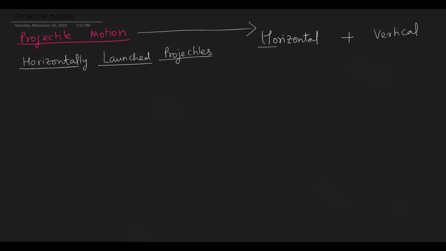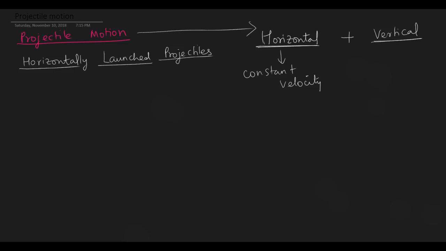So if you look horizontally, what the projectile is doing is simply moving at a constant velocity. Because there is no force in the horizontal direction, there is no acceleration, so the velocity stays constant. Whatever speed you give it initially stays constant throughout the motion.